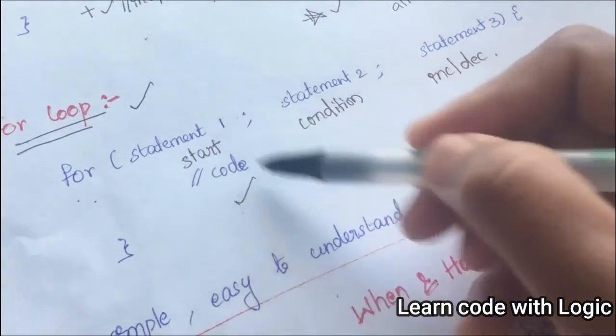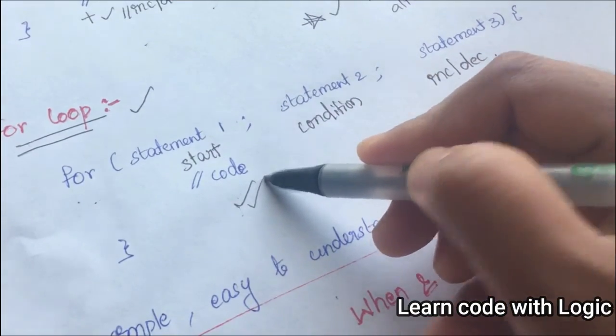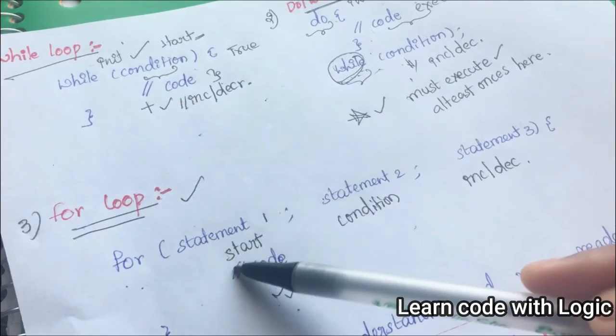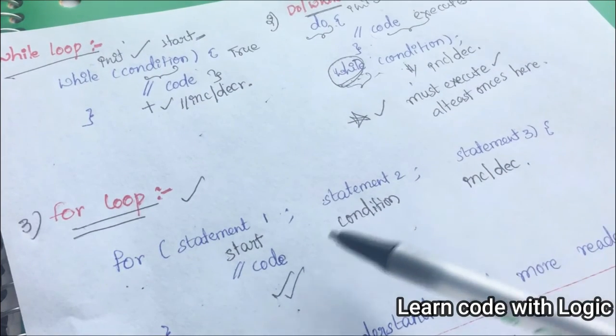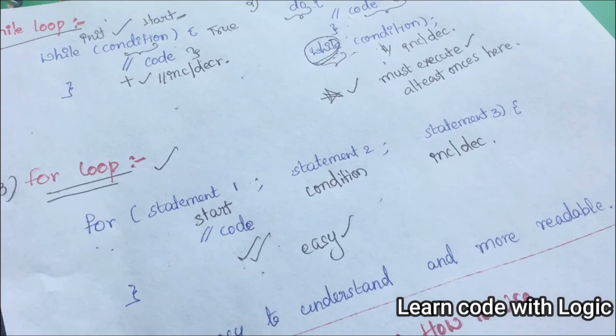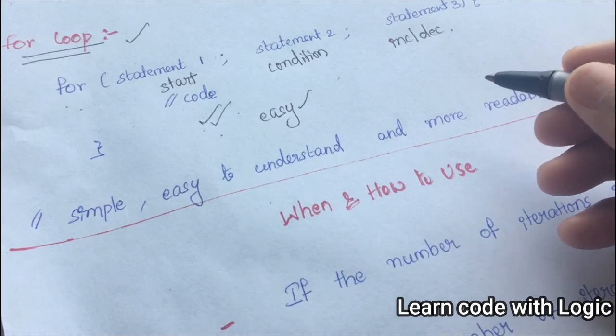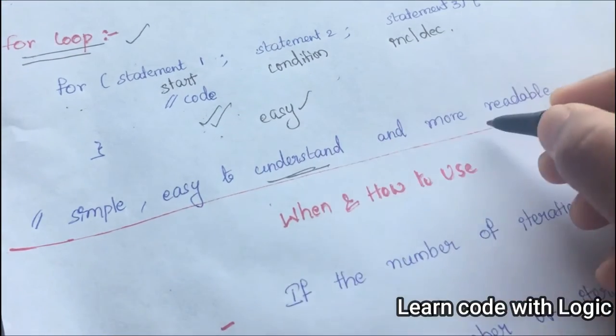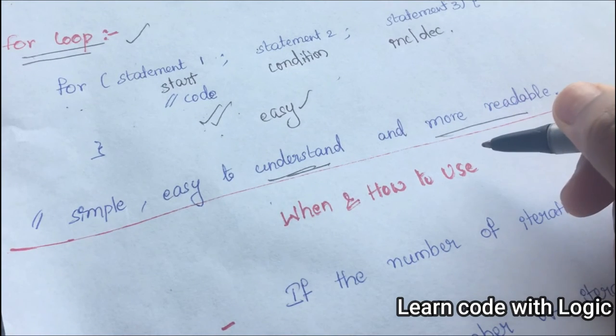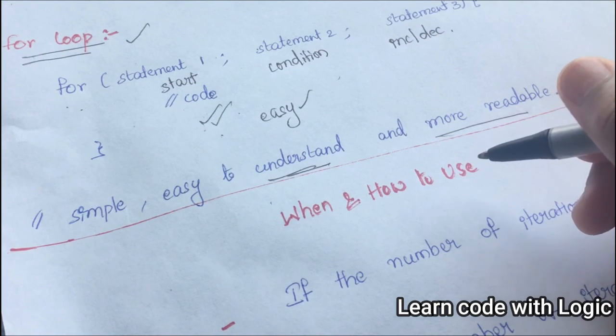If the condition is true, then we start execution. After looking at these three parts upfront, we can say this is easy and simple, and even while writing the code you can observe that. Writing the code is easy to understand and more readable. That's the reason for loop is handy.